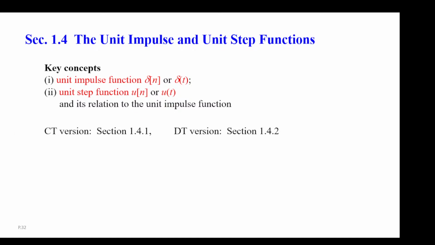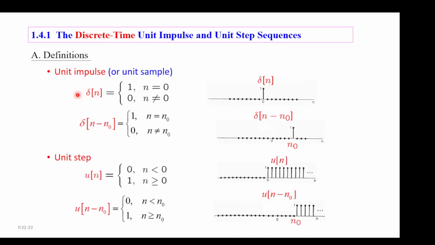There are 2 functions, or more like 4 functions, because there are discrete time versions and continuous time versions. Those functions are very useful because, when you multiply them with your signal, they give you some very intuitive signal processing. But let's first see what those functions are: the unit impulse and the unit step function.